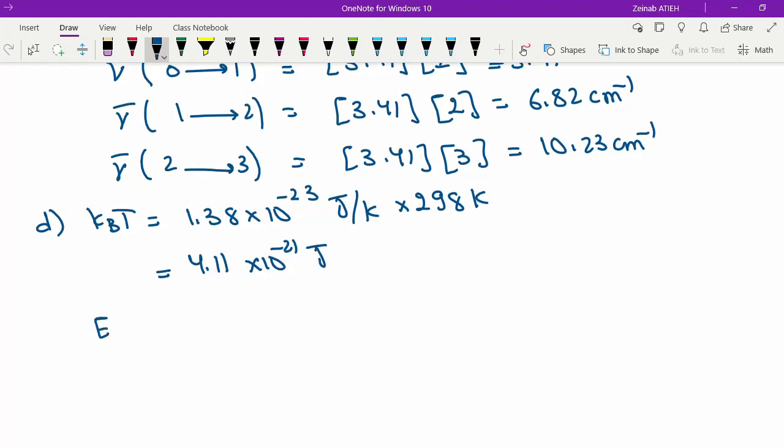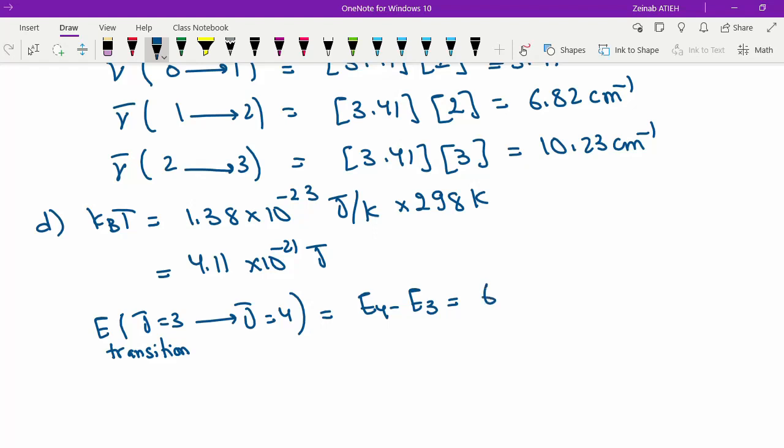So for a transition, the energy needed for a transition from J equals 3 to J equals 4 is simply E4 minus E3. E4 and E3 are calculated up.